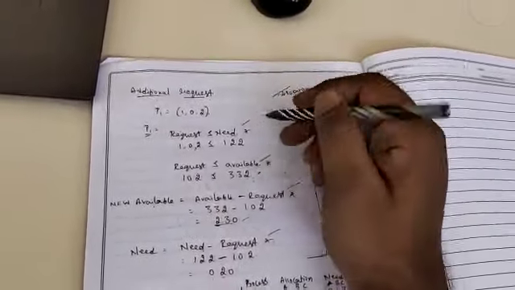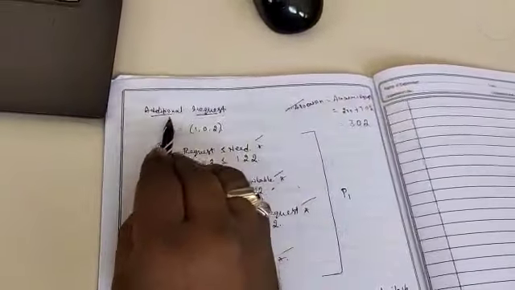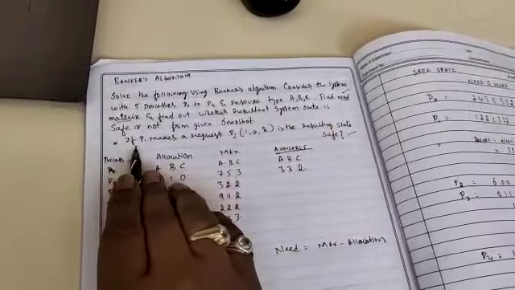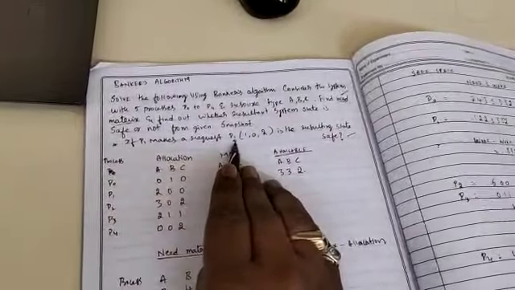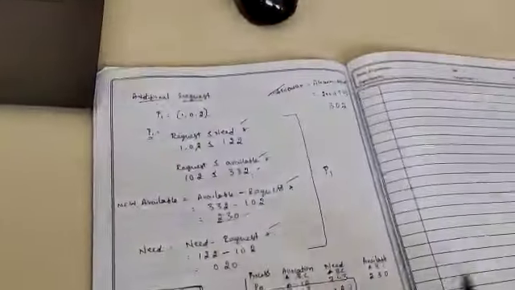These are the five formulas used in the additional request, only for this question: if P1 makes a request, is the resulting state safe or not?